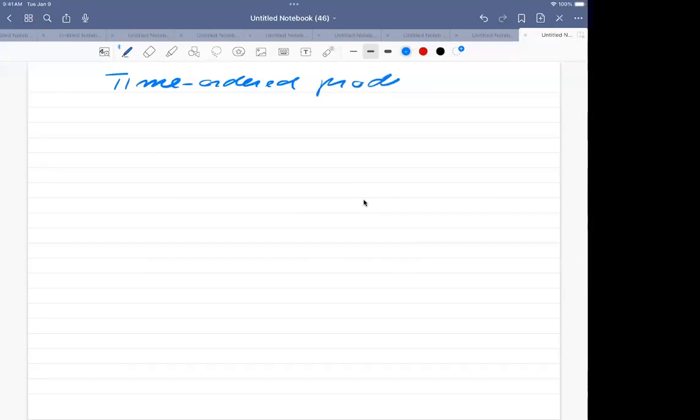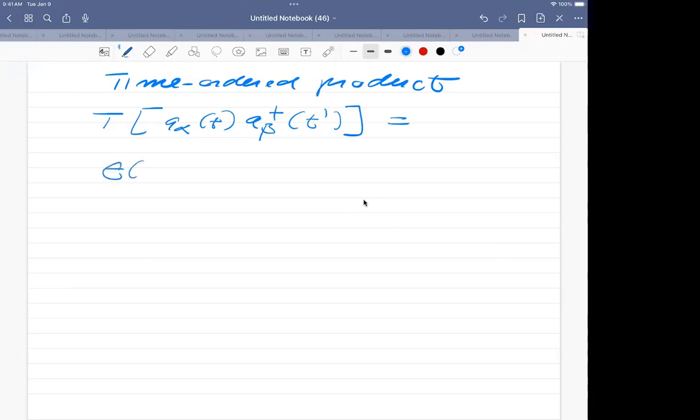And we know that this one, when I put this T here, of a alpha of t, a dagger of beta of t prime, is something which we defined yesterday as theta of t minus t prime.